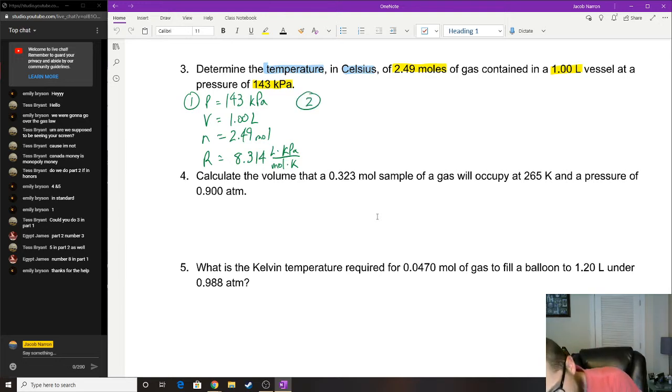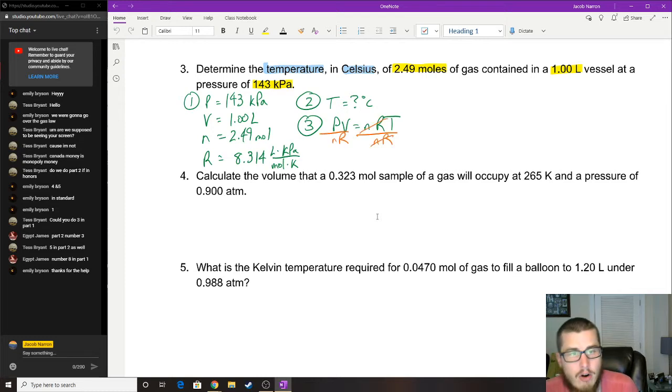What are we looking for? We're looking for temperature. And again, we're going to need it in Celsius, but we'll do a conversion later because you're going to get Kelvin after you do the math. Step number 3, let's write this out. PV equals nRT. I know I'm looking for T. So if I divide by nR, that cancels them. I'm going to divide this side by nR as well. And so I end up getting T equals PV over n times R. There you go.